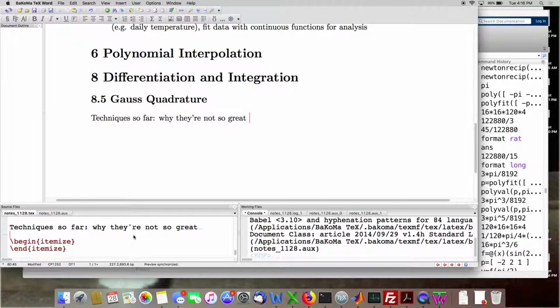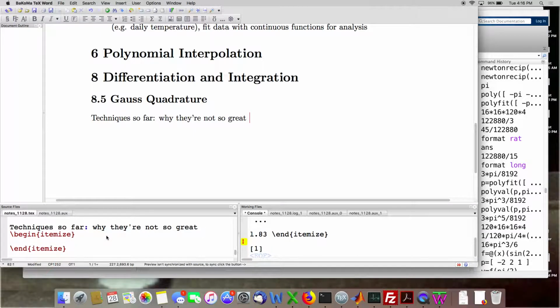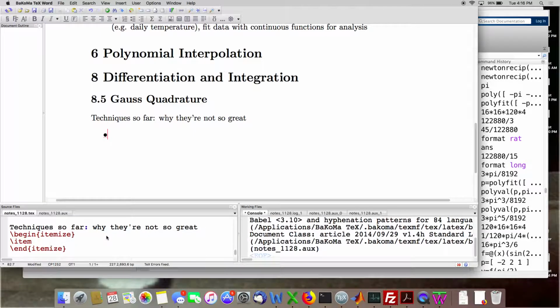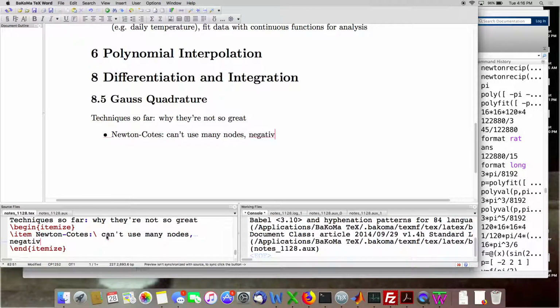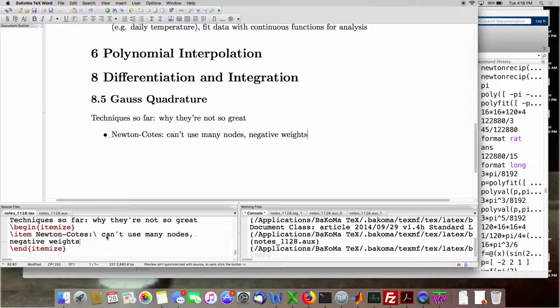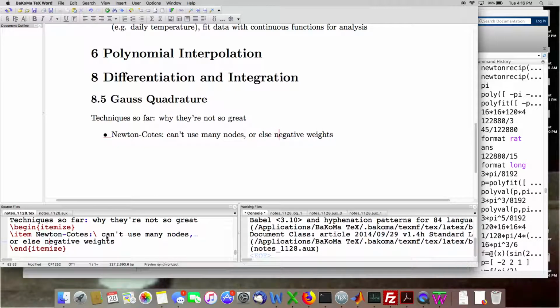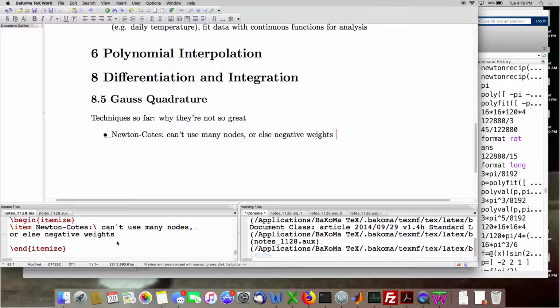I mean, they all have their advantages and disadvantages, but since I'm introducing a new one, I want to focus on the disadvantages. Like Newton-Cotes, you can't use many nodes. You get negative weights. Runge's example is a perfect example of that.